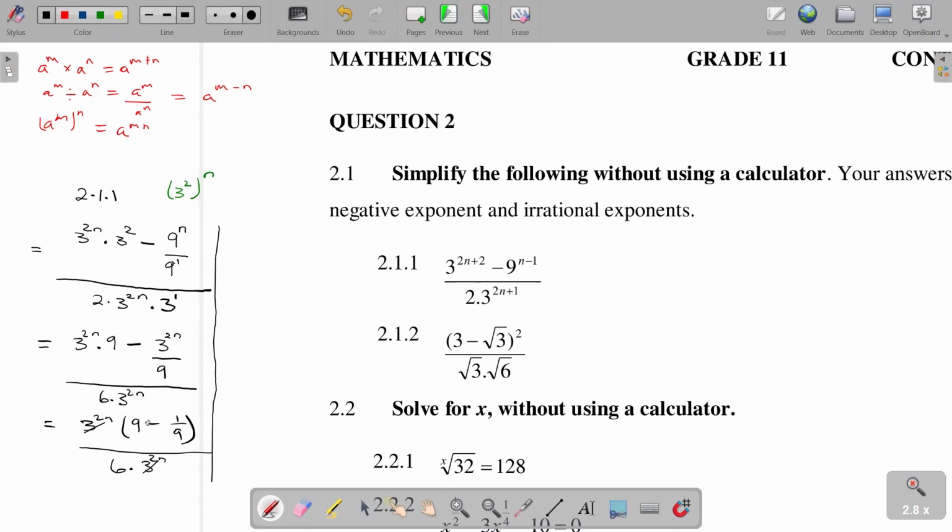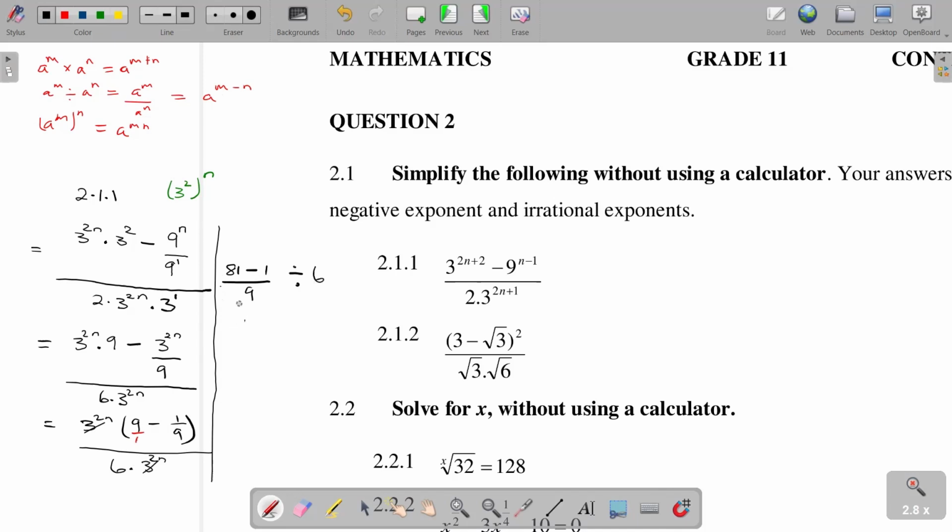9 minus 1 over 9, this one is the same as over 1. To simplify the numerator, we say 9 times 9 is 81, minus 1 times 1, over 1 times 9, which is 9, divided by 6.